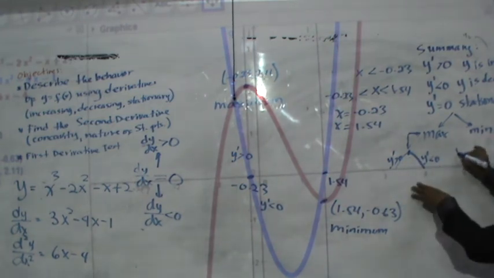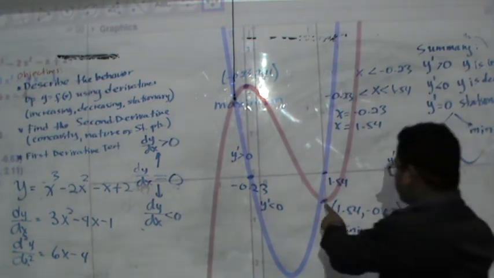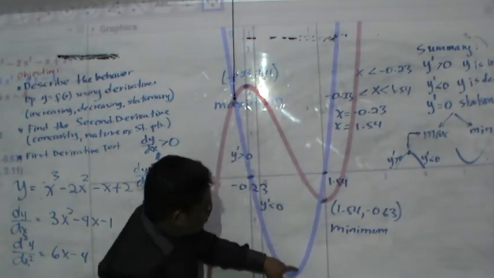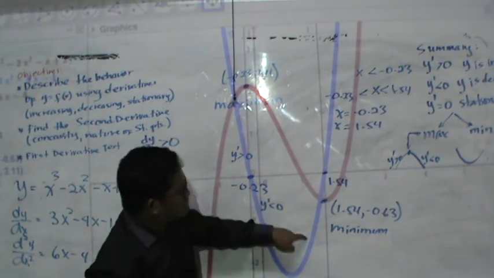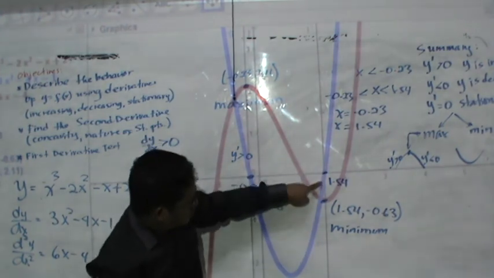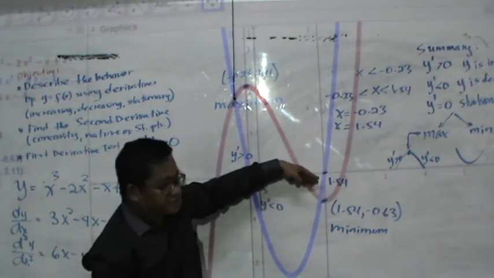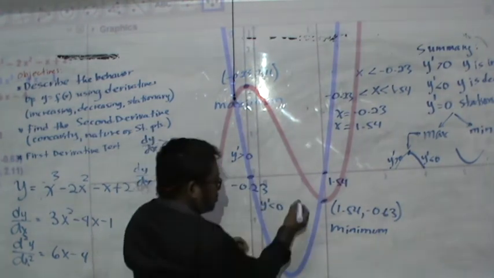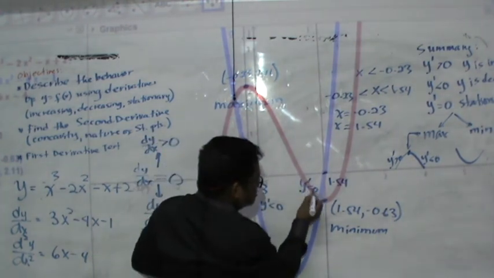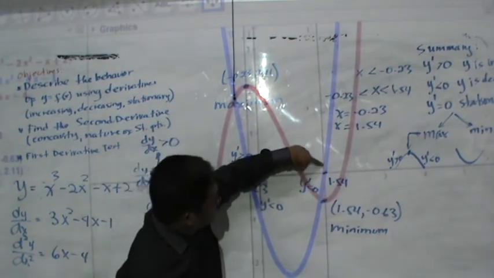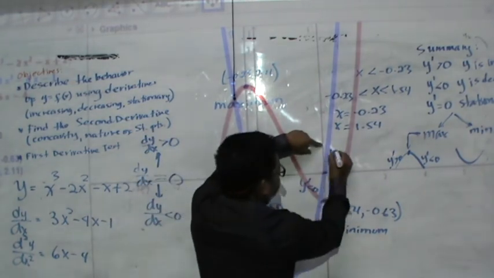Otherwise, when you look at this point, this blue curve here is below this line, so y prime is less than 0. Then right after that, y prime is greater than 0.